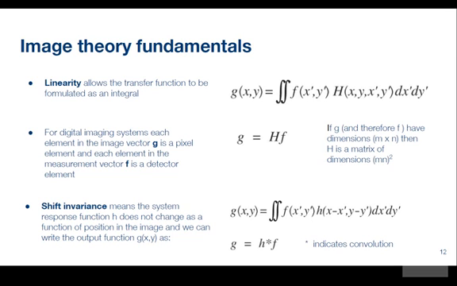It means that this response function is just going to act on each pixel, and a convolution essentially says we're just going to move this response function across the image, and add up the effects that response function has on each pixel and all the other pixels around it. This is quite a powerful assumption to make because it allows us to represent the image, the response function and the relationship as this mathematical convolution.